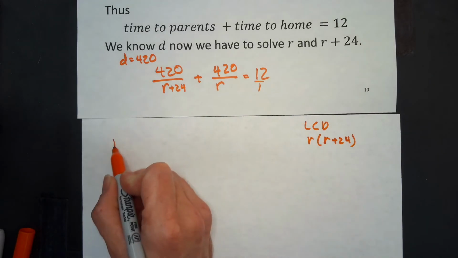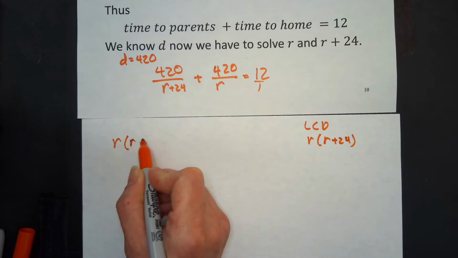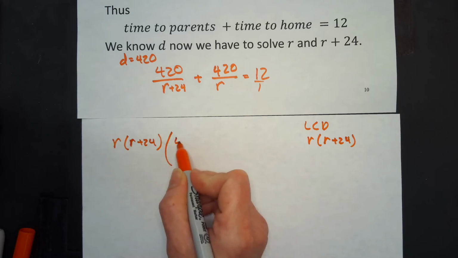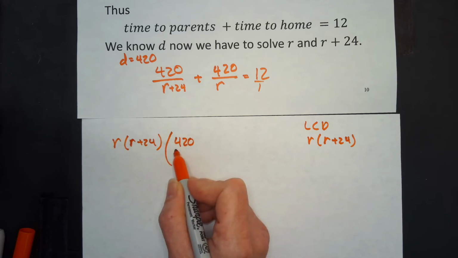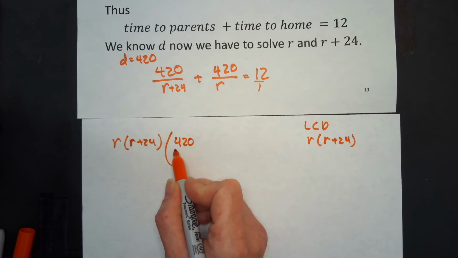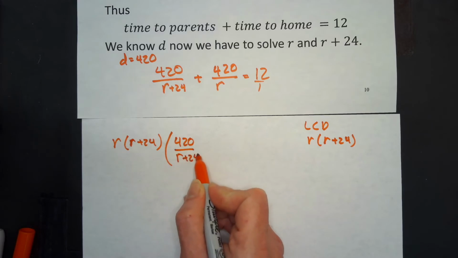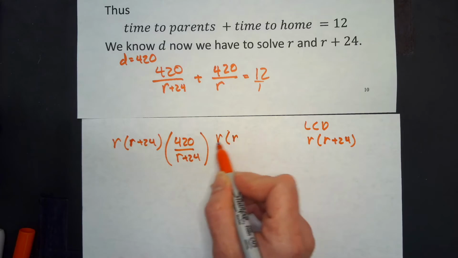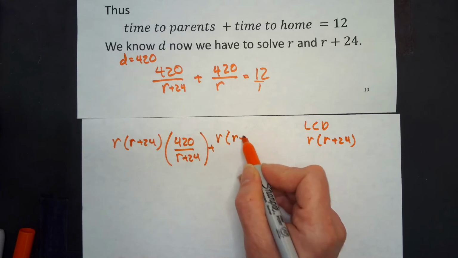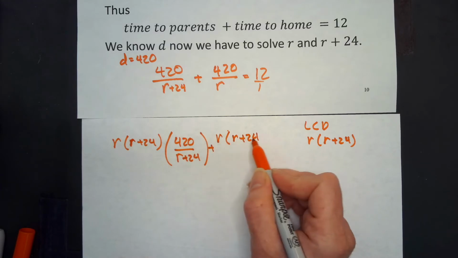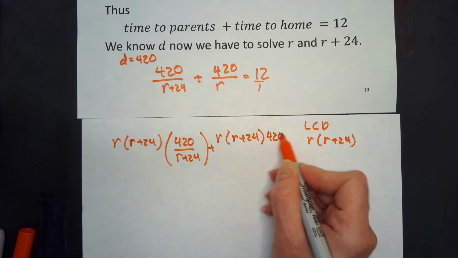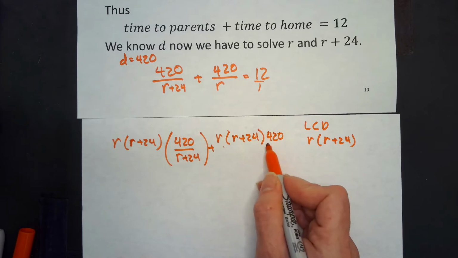And so I'm going to have R times R plus 24 times 420 over R plus 24, plus R times R plus 24 times 420 over R. Oh, I'm going to run out of room.